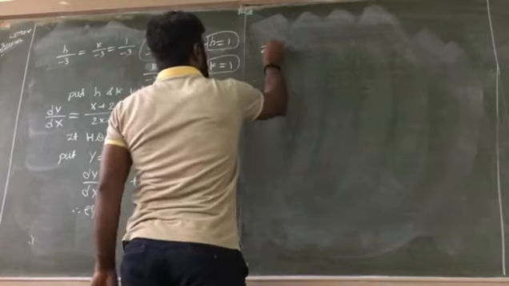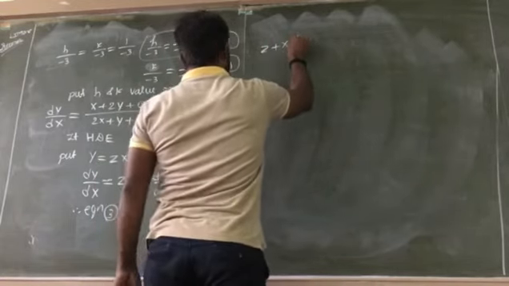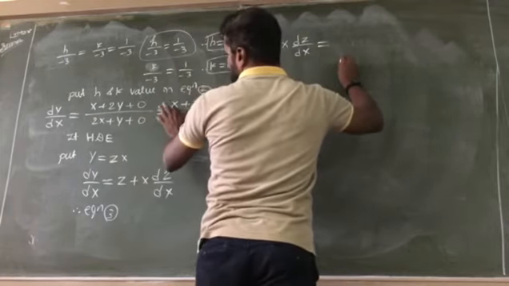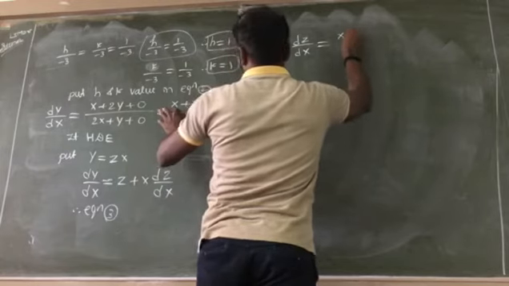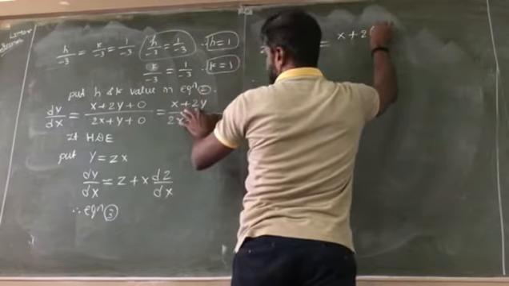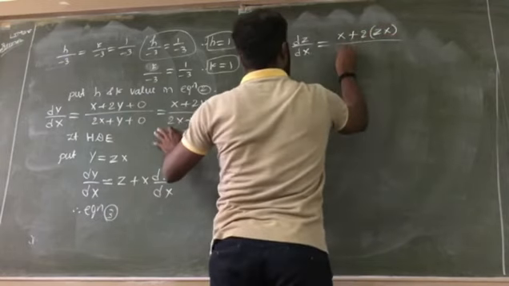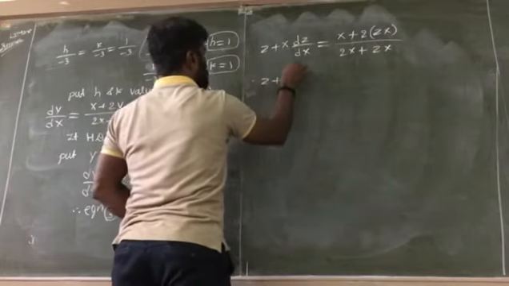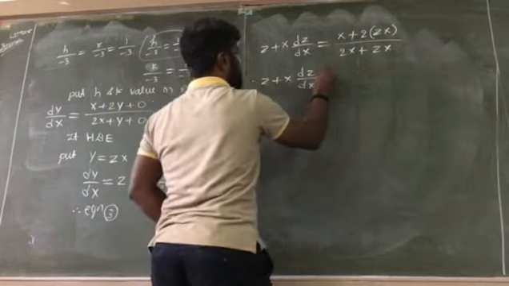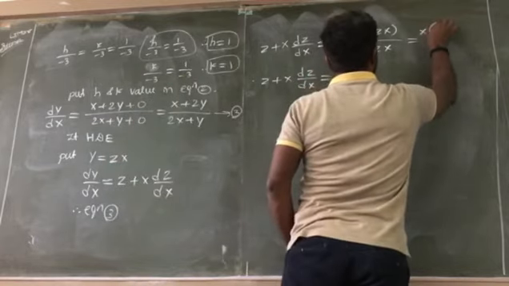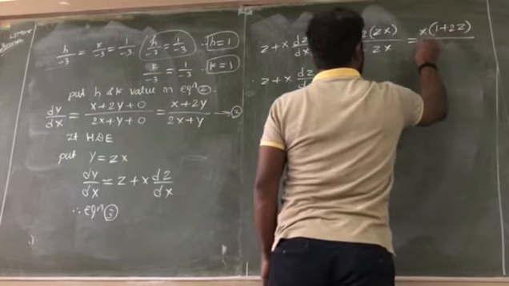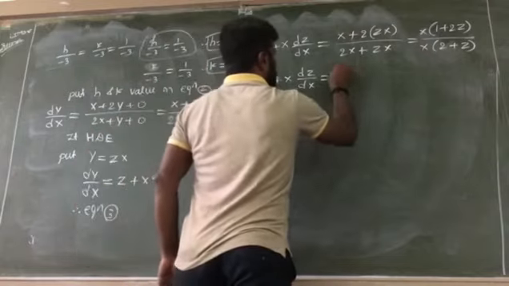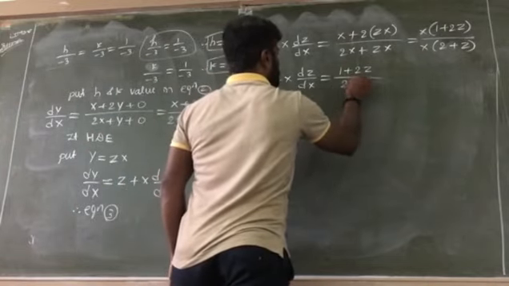So z plus x into dz by dx equals x plus 2 into zx divided by 2x plus zx. Taking x common, it is 1 plus 2z divided by 2 plus z.